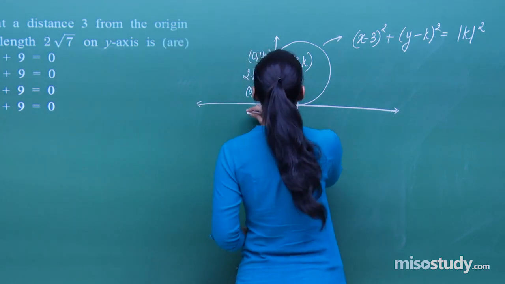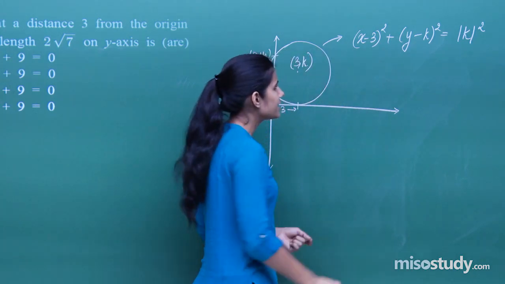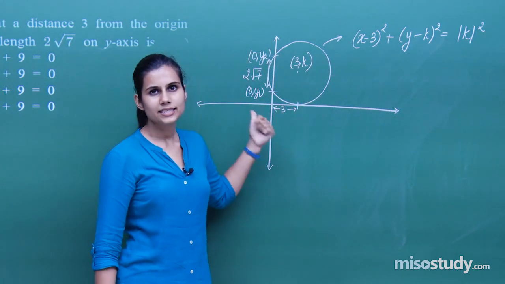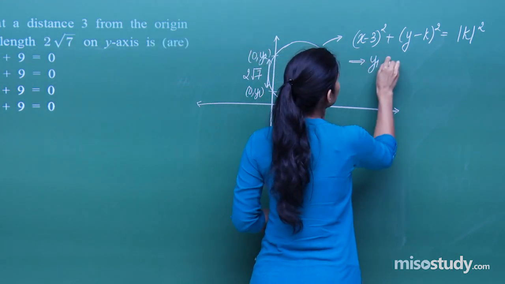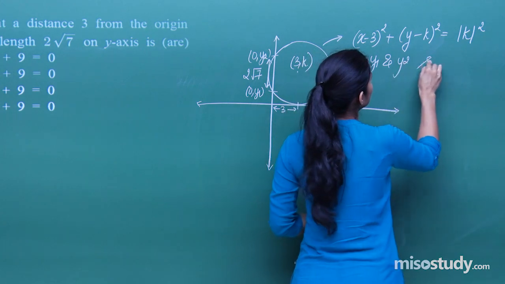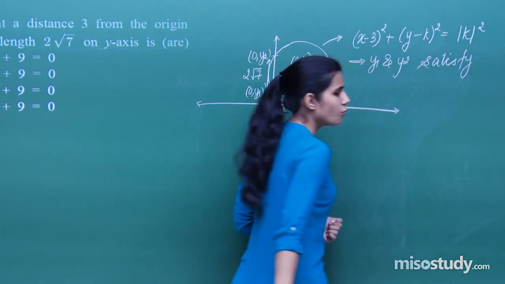If this circle is passing through the y-axis at (0, y1) and (0, y2), this implies y1 and y2 satisfy what? What do they satisfy?